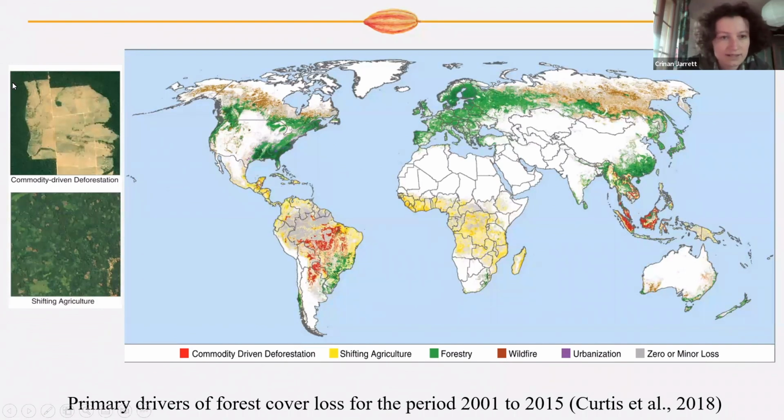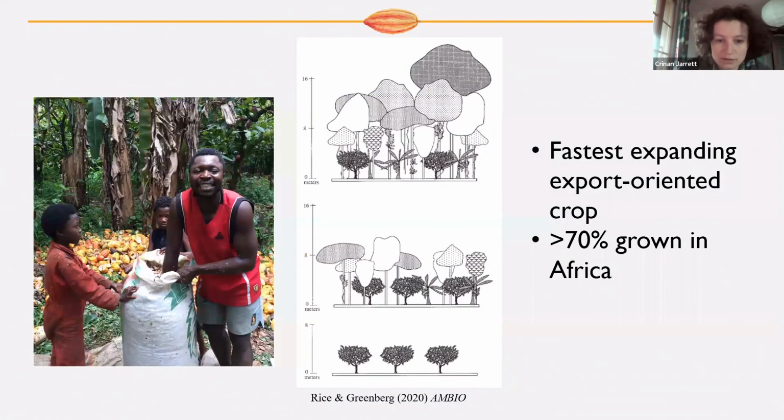And this red color is large-scale intensive industrialized agriculture. In contrast, in Africa, it's the yellow color that dominates. And the yellow color is low-intensity, small-scale shifting agriculture. And one of the main crops grown under these conditions is cocoa.